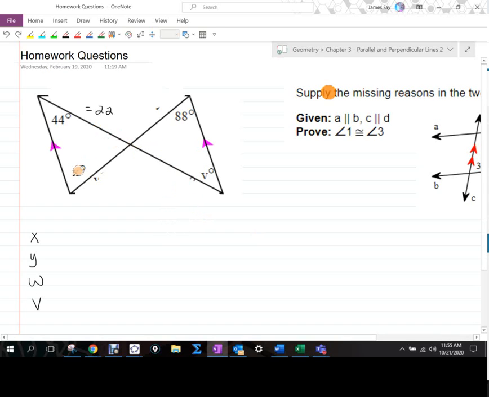What does it tell me about V? Okay. So we've got a cluster of alternate interior angles that are going to allow me to find X to be 88, W to be 22, and V to be 44. And you said finding Y was then the trick, right?